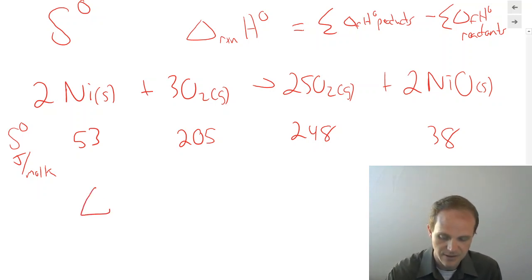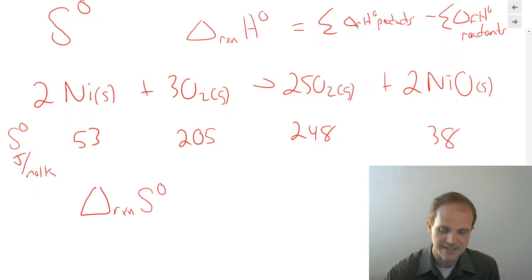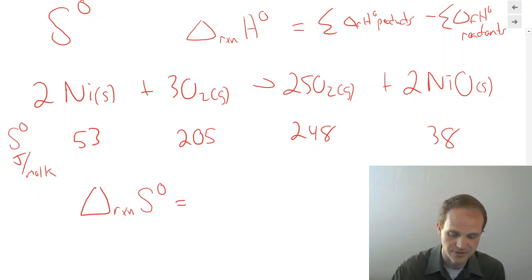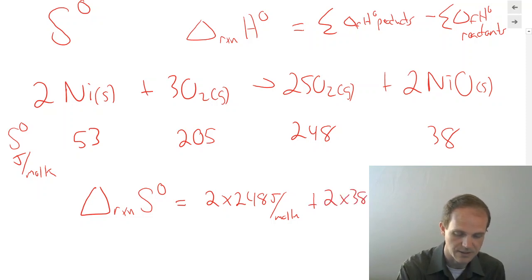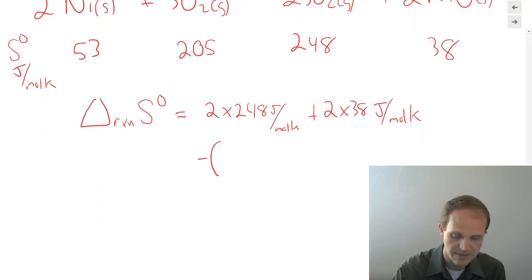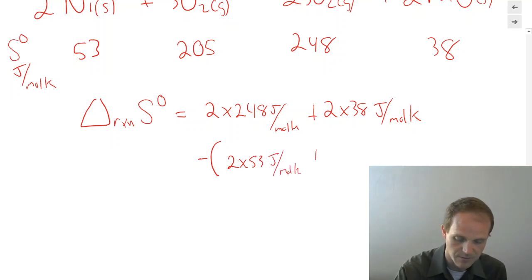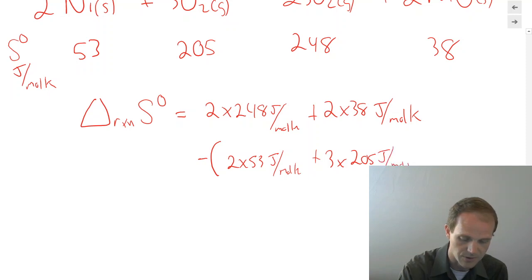So how do we figure out the standard entropy change of the reaction? It's products minus reactants times their stoichiometric coefficients: 2 times 248 joules per mole Kelvin plus 2 times 38 joules per mole Kelvin, minus 2 times 53 joules per mole Kelvin plus 3 times 205 joules per mole Kelvin.